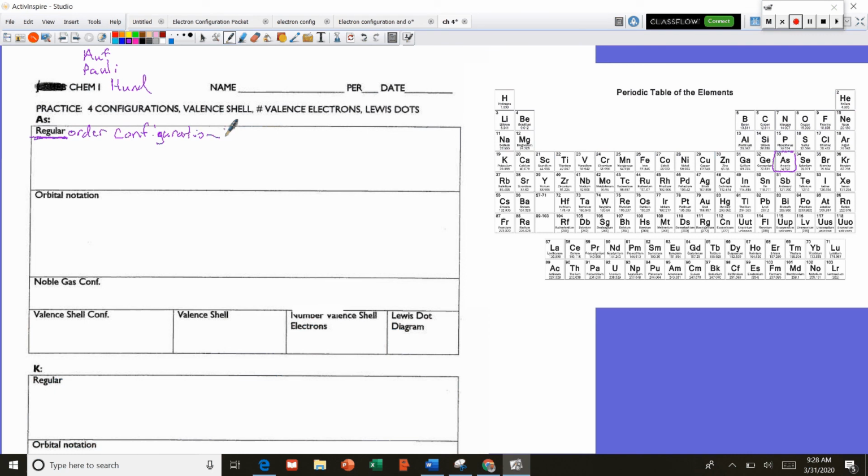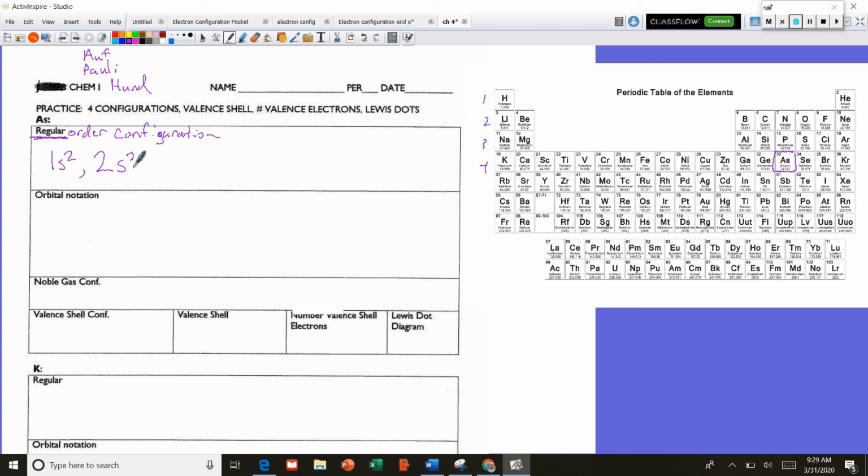All right. So arsenic is in 1, 2, 3, 4. Arsenic is in the 4th period. So that means that the first 3 periods are completely full, or the first 3 energy levels are completely full. So that means that we have 1s2 is full because hydrogen and helium are smaller than arsenic. 2s2 is full.